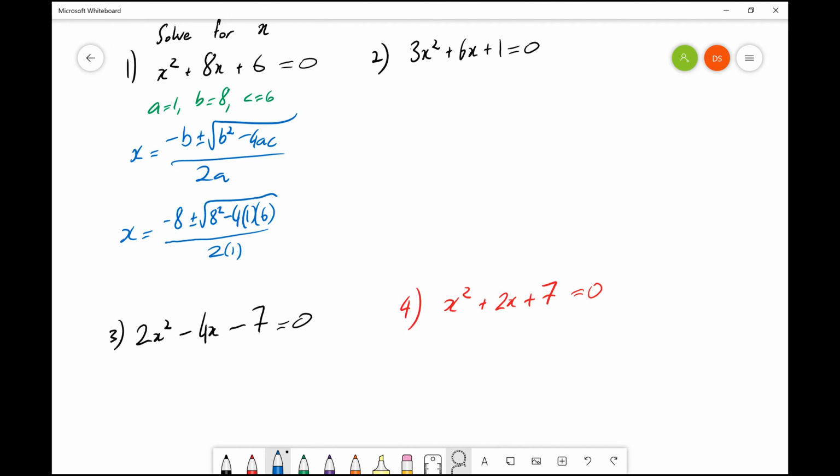And so I'm going to simplify these a little bit, though not too much, because I think you guys can do it. So that's negative 8 plus or minus the square root of 64, or 8 squared is 64, and 4 times 6 is 24, times 1 is still 24. So 64 take away 24 is 40, all over 2.